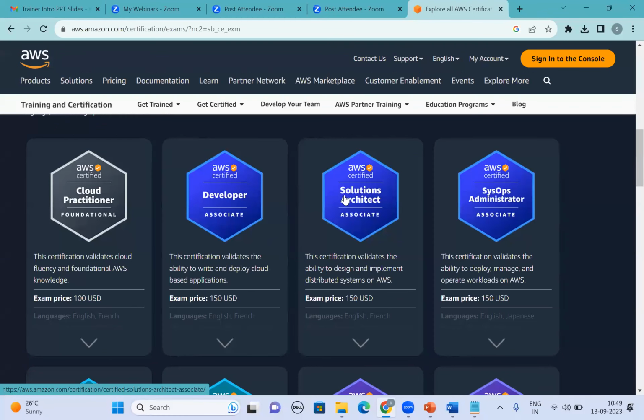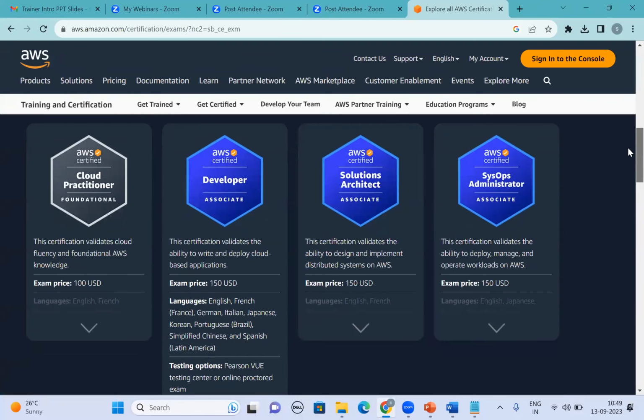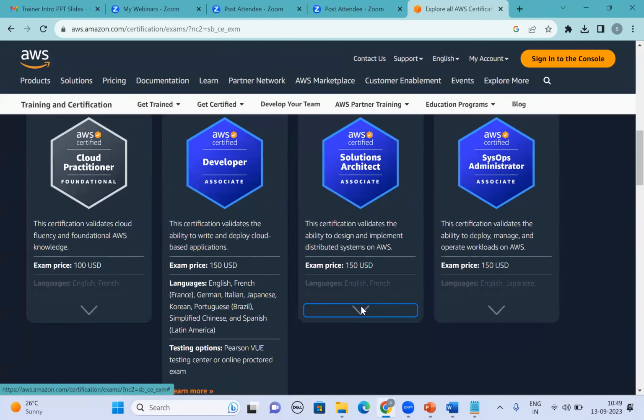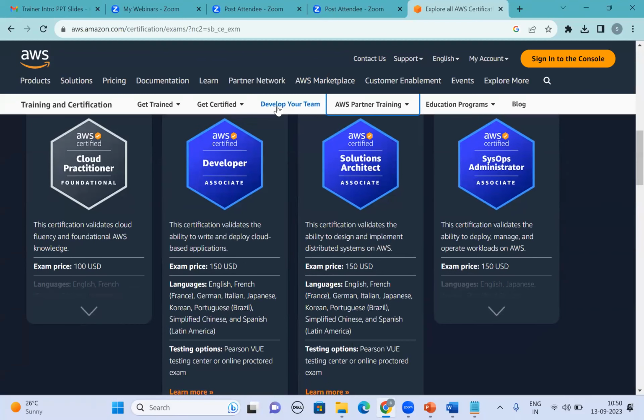These two are different, Mayur. Developer is for the developer team, and this is the Solutions Architect role. The course I am going to teach you is for this certification, and it gives a path to Solutions Architect Associate. The course structure of both is the same, but for developer you get some more developer topics.